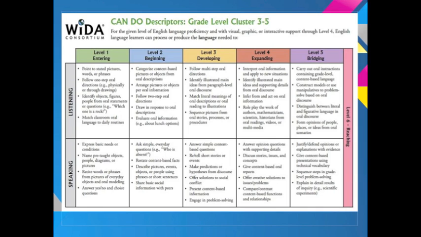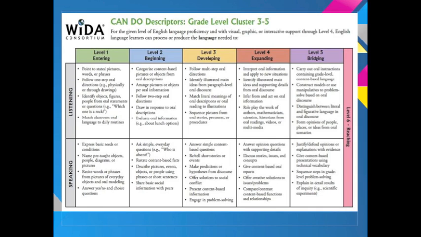Okay, so if you have an English learner in your room, you should be given a can-do descriptor with the student's name and the level that they have tested in. Every teacher should be given this. This is just an example of the can-do descriptors, grade level cluster 3 through 5, and it is exactly what it says it is.